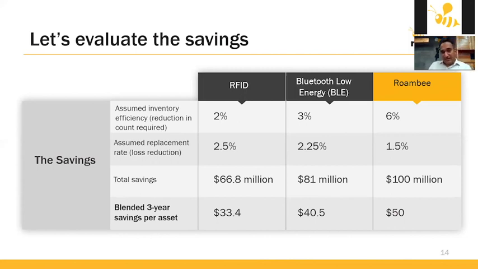But with Roambee, you have zero read rate issues, because you have no readers or antennas anywhere. It's direct to cloud, which means that almost 100% of the time, you are never going to lose sight or track of any returnable assets across any facility as well as in transit, because your cellular is not going to stop if your asset is on a truck, right?